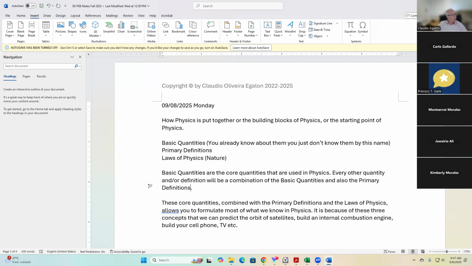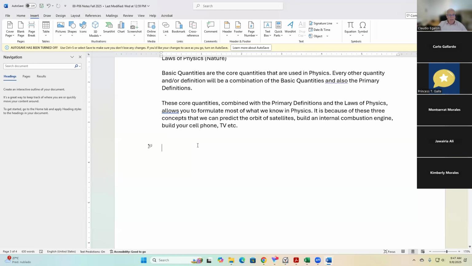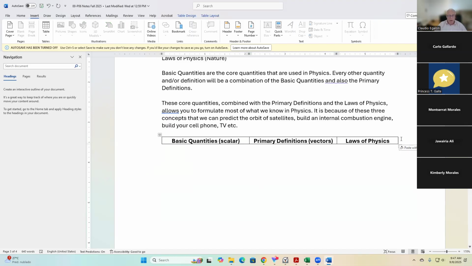So let's start. Let's see what those basic quantities are all about. I like to display that as a table. You should be aware already of the basic quantities. It is something that we learned since we were little kids. There's no big secret about them because we learn them while we grow up.